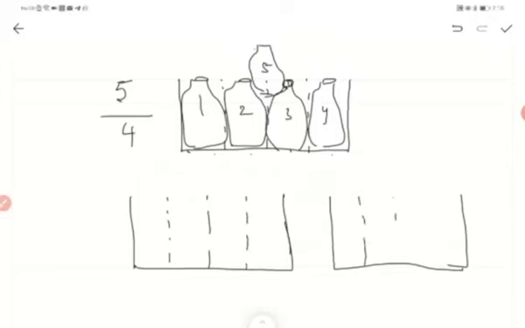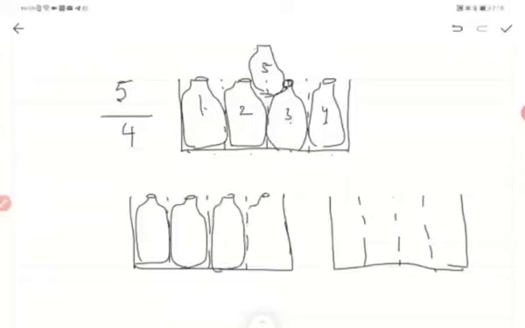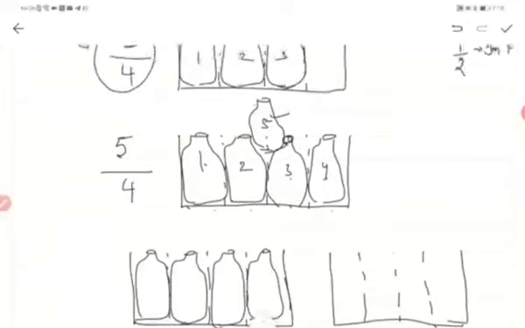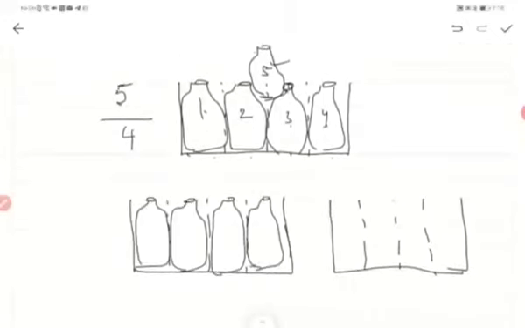So in this all 4 are occupied like this, 1 2 3 4. Okay, 4 I am taking here in one case, and this one bottle which is extra, you cannot put it like this, it will fall down. So you will take one more case and you will put that in the second case.